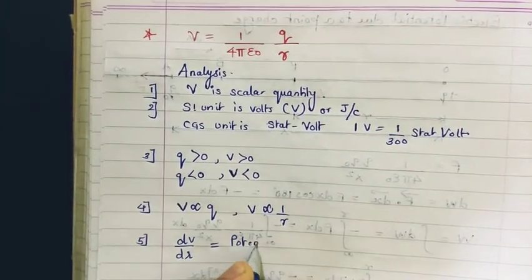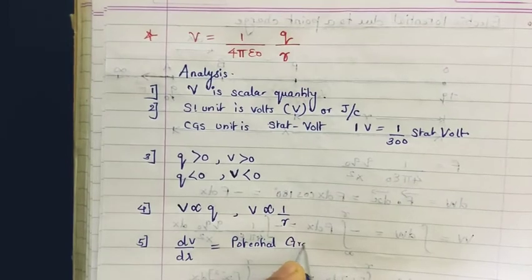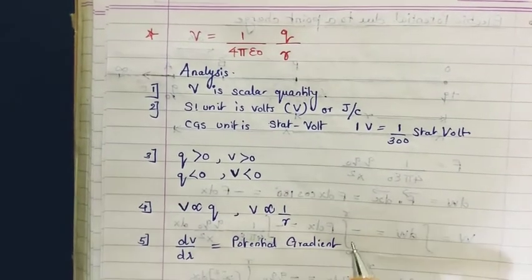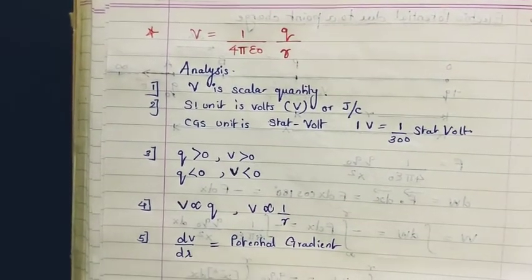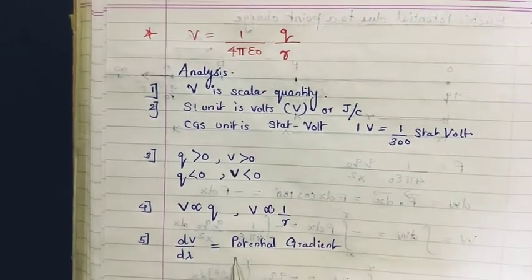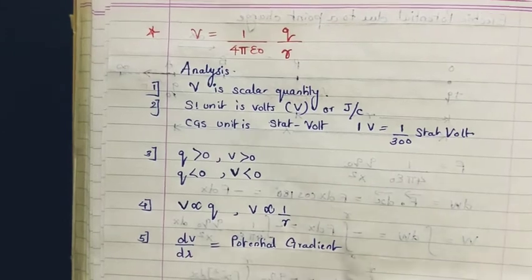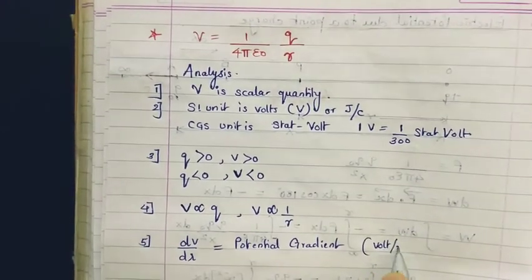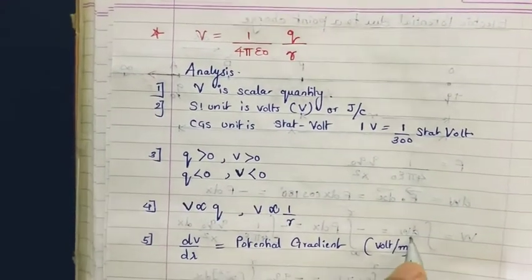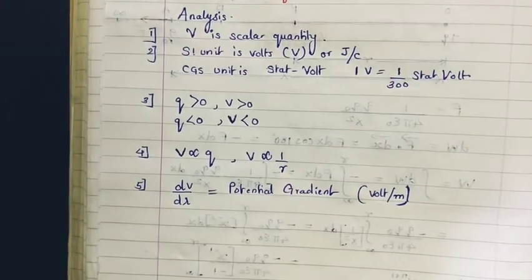This we'll be learning again in the next chapter. So what is potential gradient? Just briefing you on this. Potential gradient is nothing but a change in electric potential per unit distance. It is expressed in volts per meter.